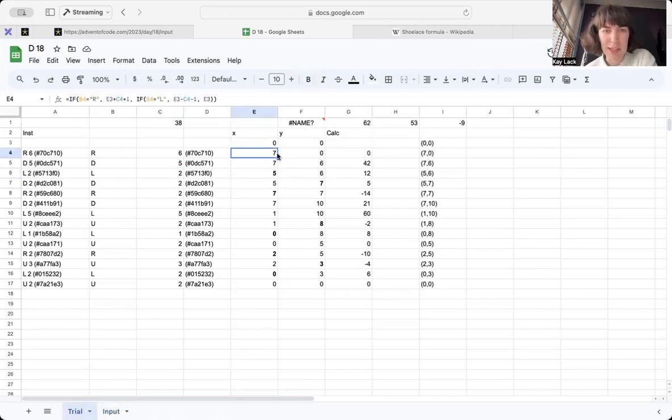I've not properly calculated this out. So if we take, the real result is 62. All right, now let's take these all the way down.